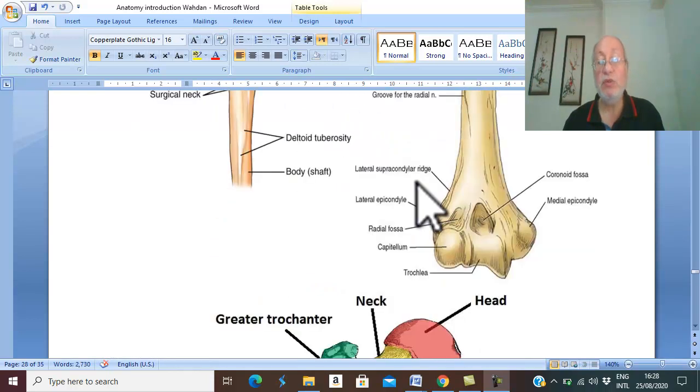Also in this bone, which is the humerus, these can be considered as condyles, large convex articular surfaces. Just above the articular surfaces and just above the condyles are the epicondyles. Two epicondyles.